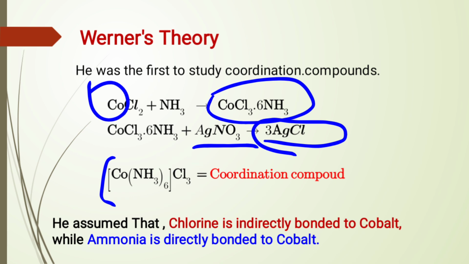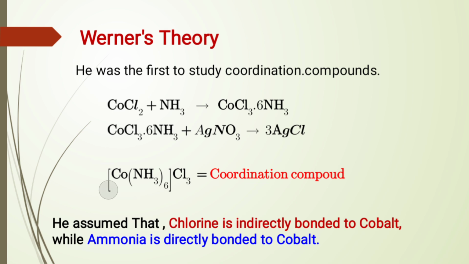So this is the counter ion, and the one that is inside is what? The ligand. And the other one, also inside the coordination sphere, is the central metal ion. Now let us see how this structure is formed.